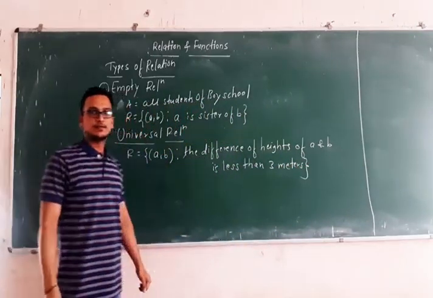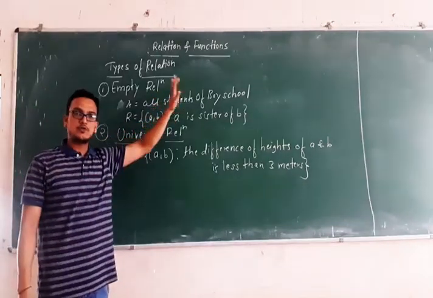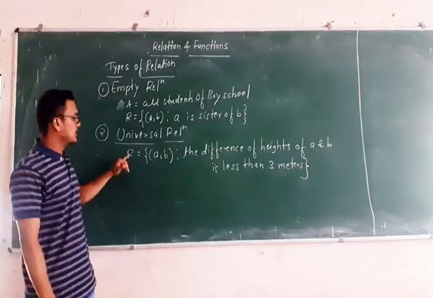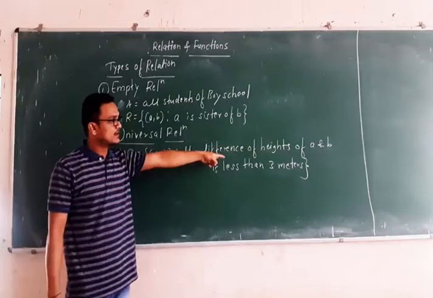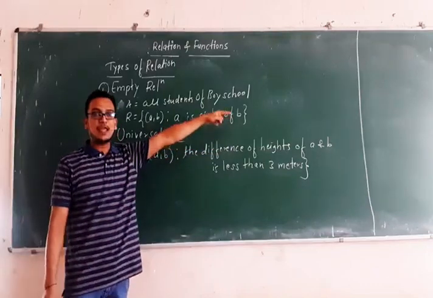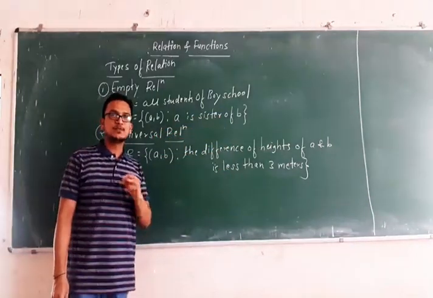Again, the set is students of a boys school only, but the relation is the set of all ordered pairs (a, b) such that the difference of the heights of students a and b is less than 3 meters.